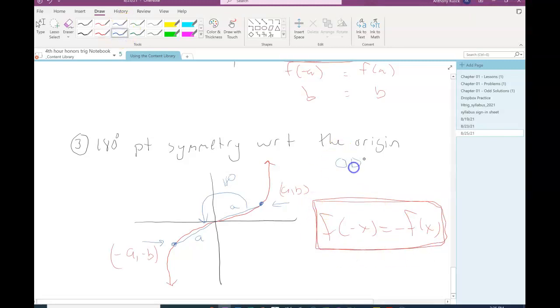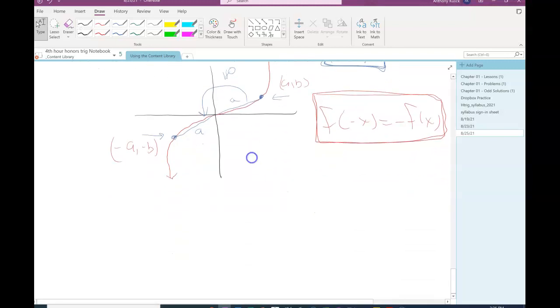And functions that have this type of symmetry are called odd functions. Let's do a couple of examples and we can get out of Dodge.